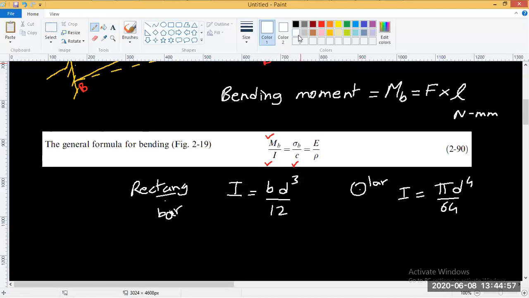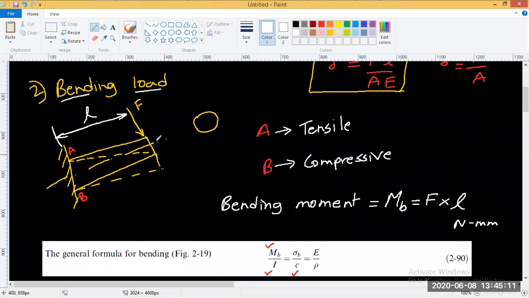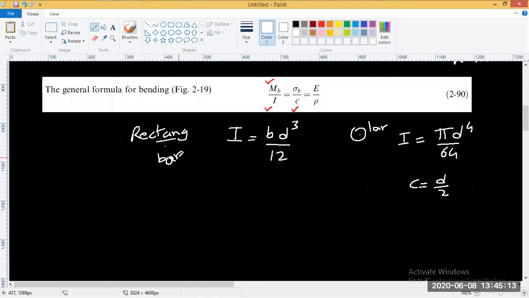C is nothing but half the value of that. Suppose here C is just the radius, that is d by 2. Here also it is the depth, meaning this dimension here, so this depth divided by 2. It's the same case in both. That's how you would calculate the stress value.